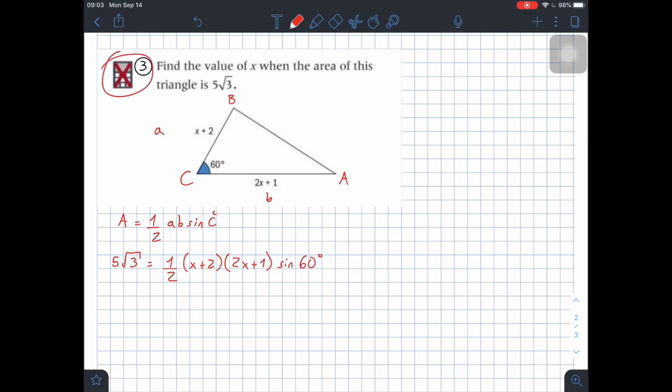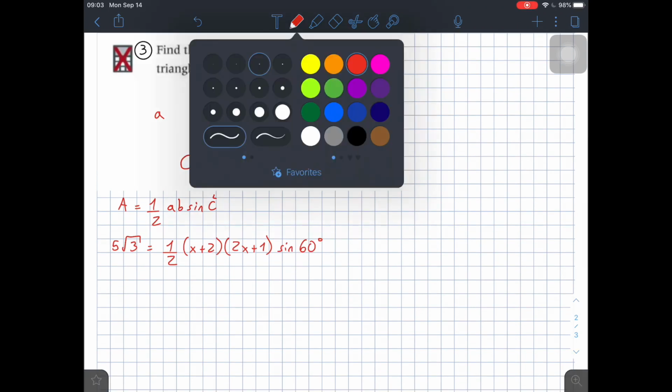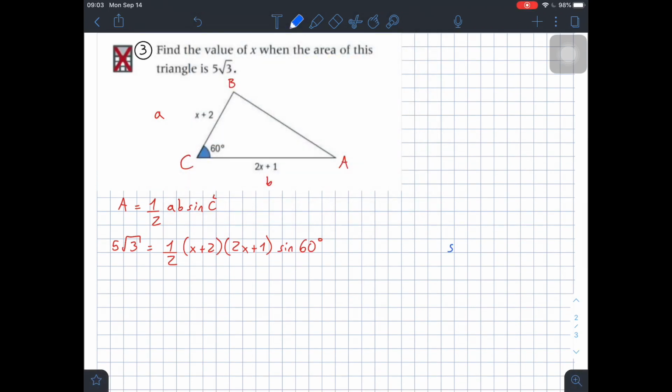We're not going to use a calculator for this exercise, so let's see what happens. We should remember that sine of 60 degrees, if you use the hand trick, is square root of 3/2.